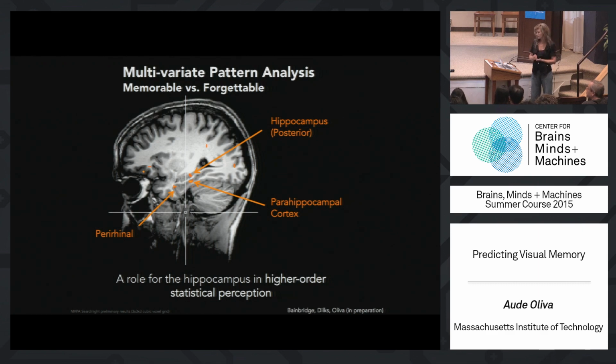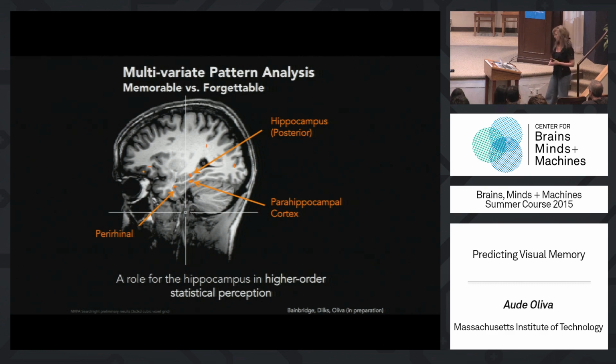They're also more active, but at a different pattern for memorable faces. And we find signatures in the hippocampus, the parahippocampal area, as well as the perirhinal, that are typical for memorable faces and scenes, and no signature in the visual area or even the higher visual area, because we did equalize for those.